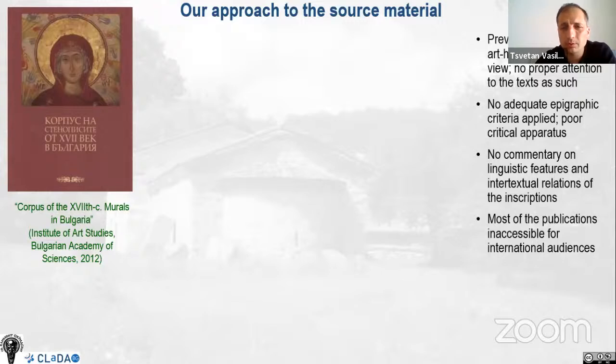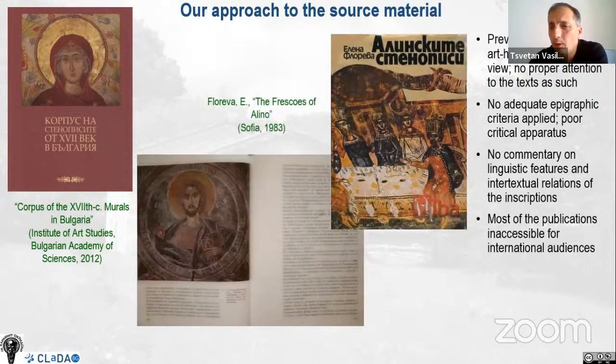And what is our approach to the source material? Our approach is, I already told you about our classifications and our methods of research. Here on the left, you see what others are doing in Bulgaria, and others are art historians. They publish corpora of inscriptions. This is a corpus of the 17th century, but the inscriptions here are not really published well, I think.